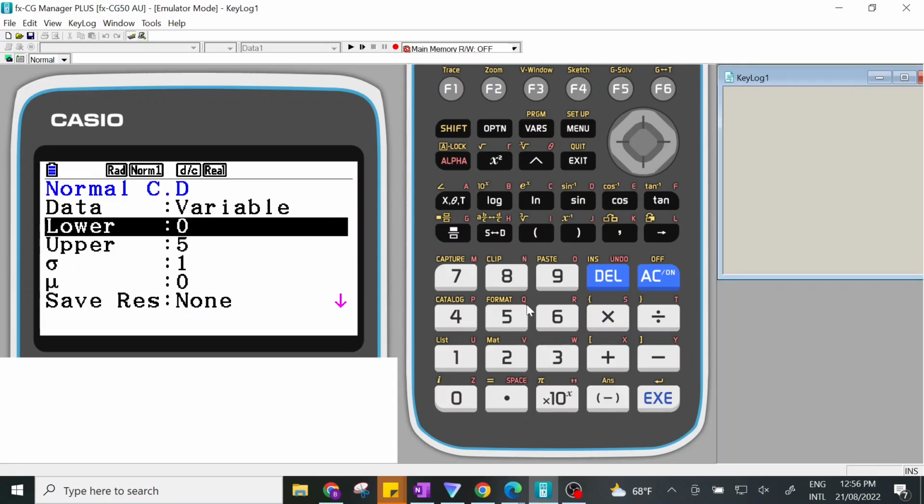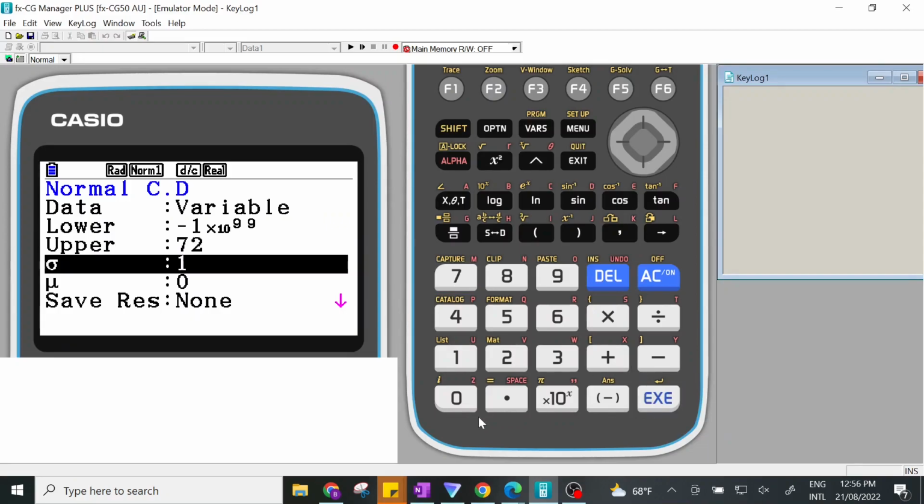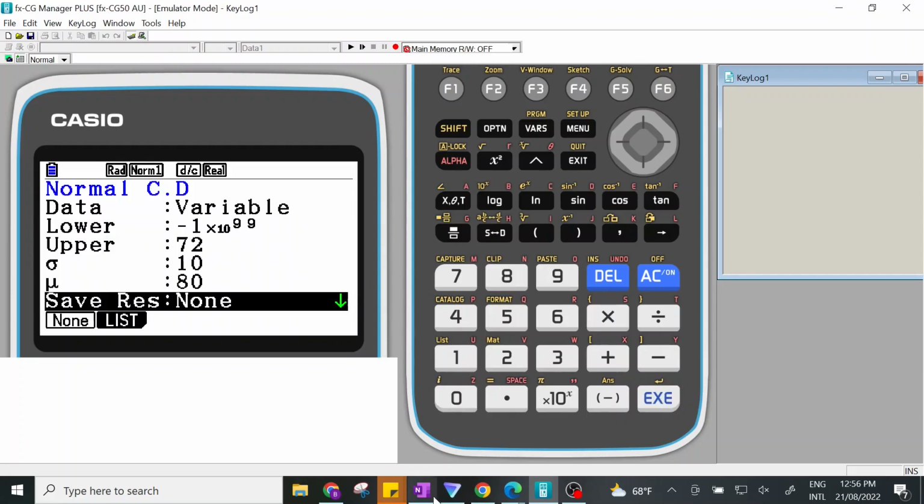Max of 72. So that would be negative 1 times 10 to the 99. 72. That was 10 and 80 from memory. All right, that's good to go.